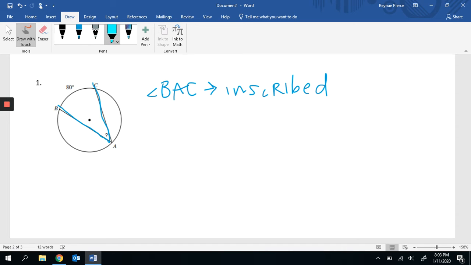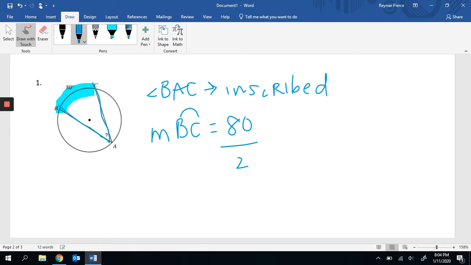So if you see, angle BAC intercepts arc BC here. Since the measure of arc BC is 80 degrees, we need to do 80 divided by 2 to get the measure of angle BAC. So 80 divided by 2 is 40, so the measure of angle BAC is 40 degrees.